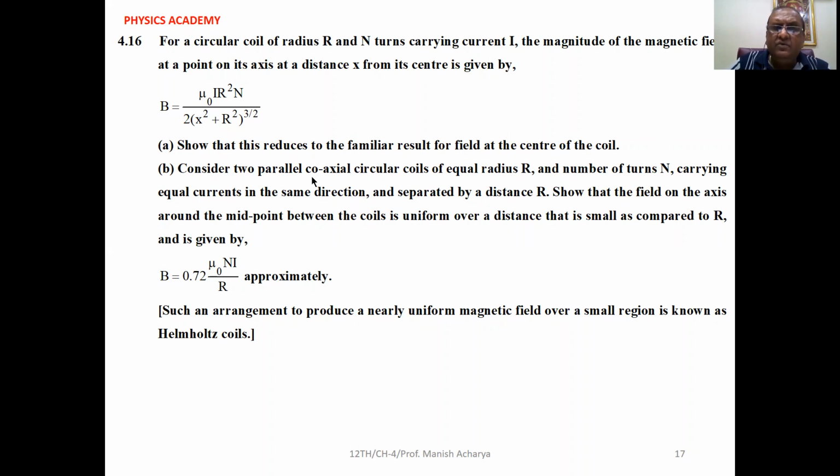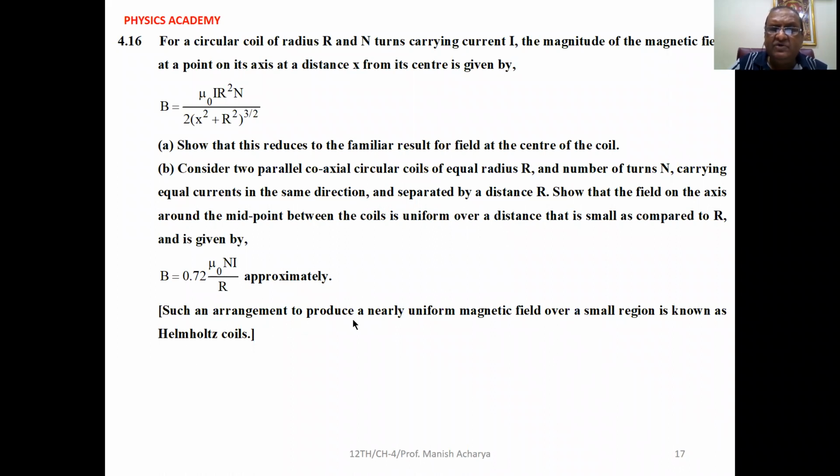B. Consider two parallel coaxial circular coils of equal radius r and number of turns n, carrying equal currents in the same direction and separated by the distance r, so that the field on the axis around the midpoint between the coils is uniform over a distance that is very small compared to r, and is given by B equal to 0.72 mu 0 n I upon r approximately.